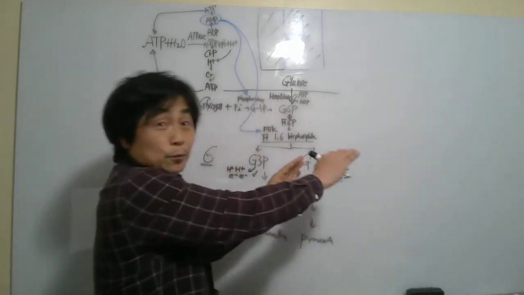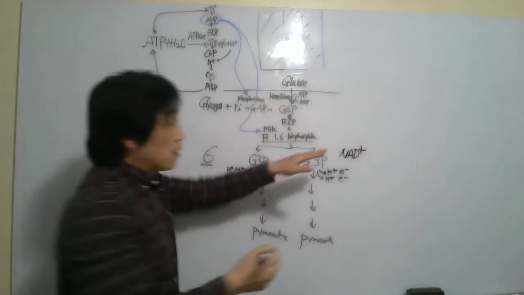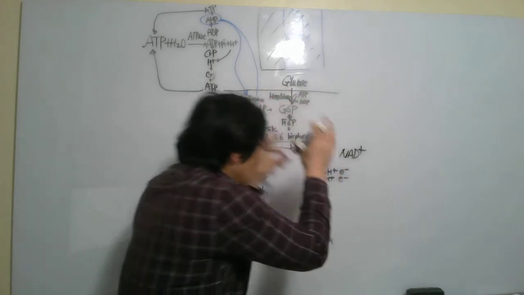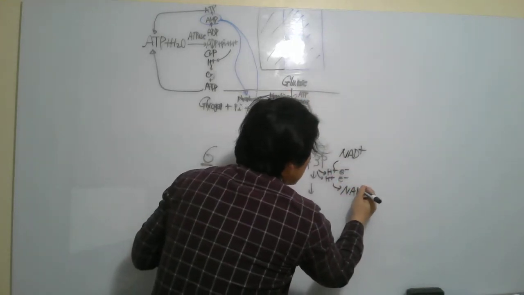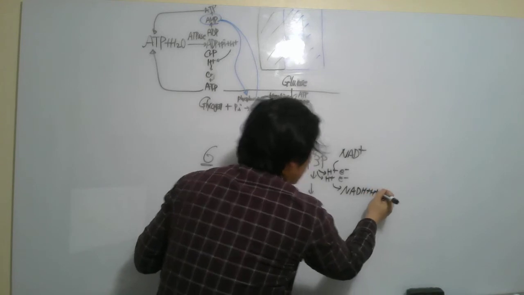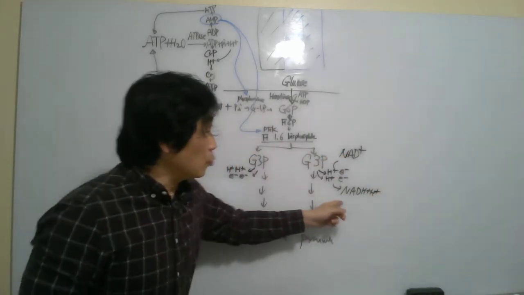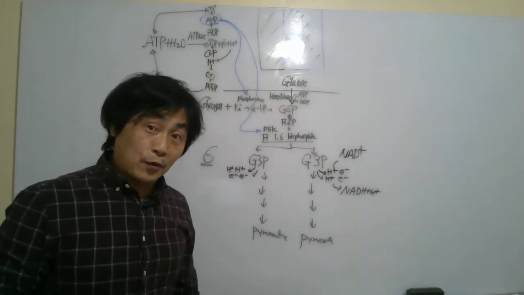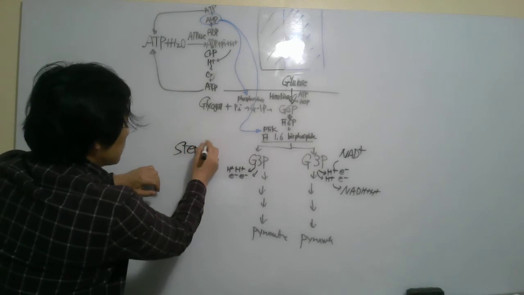So NAD plus comes to get 2 protons, 2 electrons and becomes NADH plus proton. That makes sense. NAD plus is reduced, becoming NADH plus proton. Here too, right? So this is step 6, an important step.